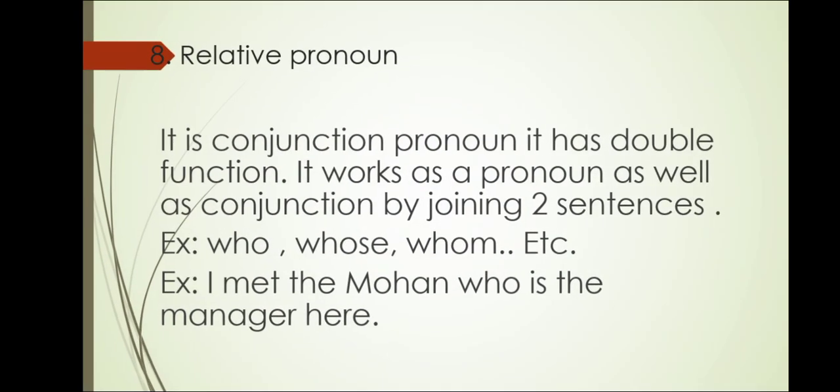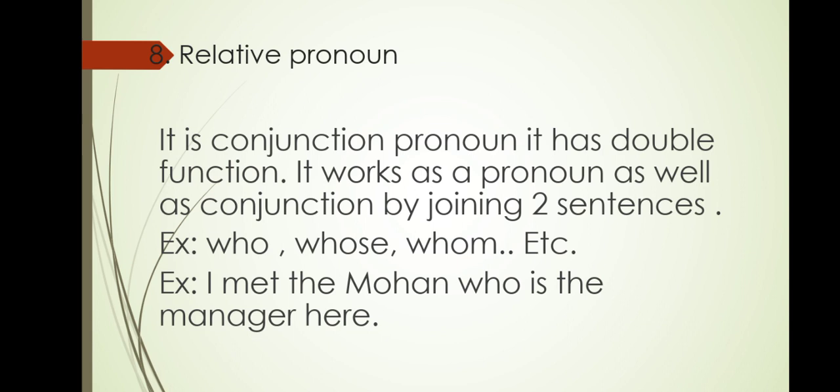The last type is the relative pronoun. It is a conjunction pronoun. What is that? It has a double function. Relative pronoun does two types of function. It works as a pronoun as well as a conjunction. So, what is that use?